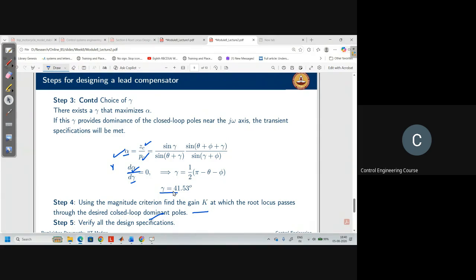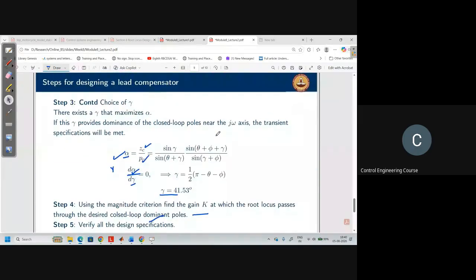So the first step is, I will write here, calculate SD, the desired pole, that is the dominant pole. The second step is calculate angle deficiency. That directly tells you whether a simple proportional controller is sufficient or we have to go for a lead compensator.